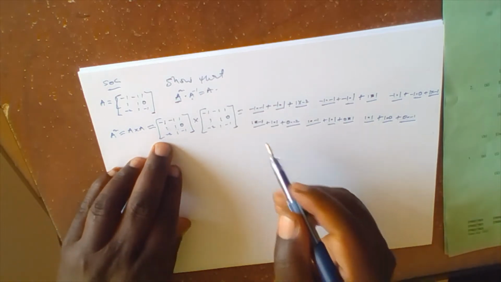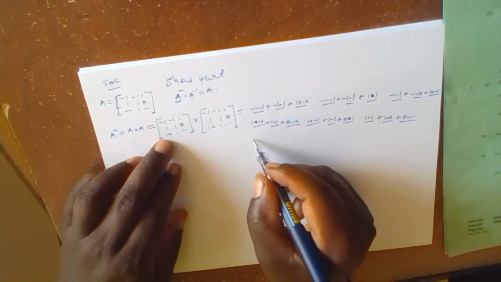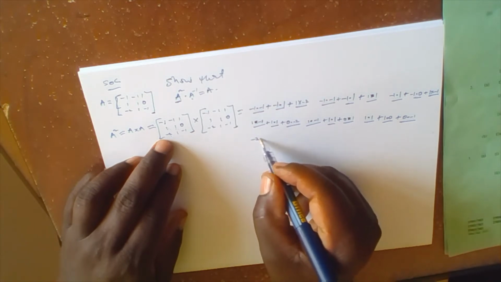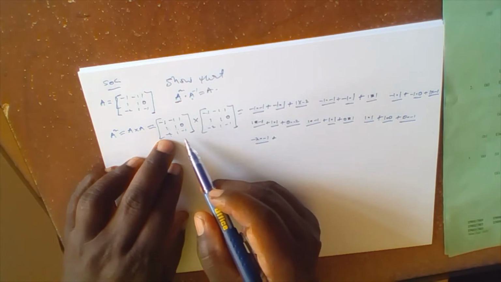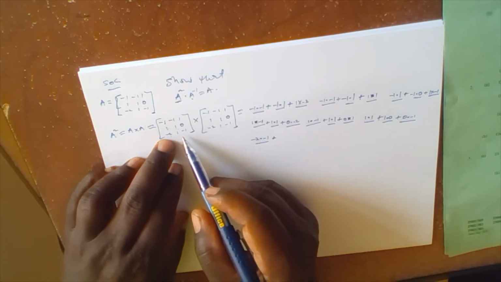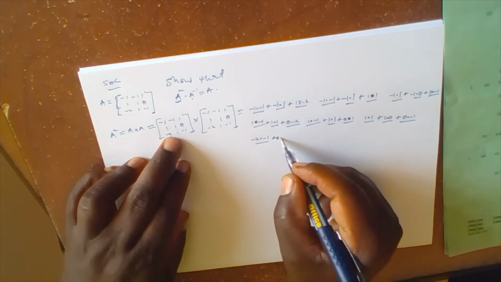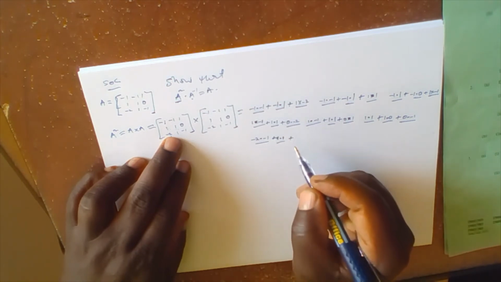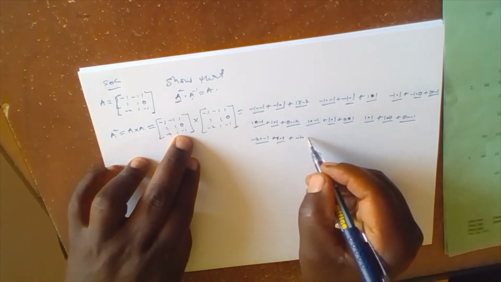The last row, we shall have negative 2 times negative 1, plus 1 times 1, plus negative 1 times negative 2.